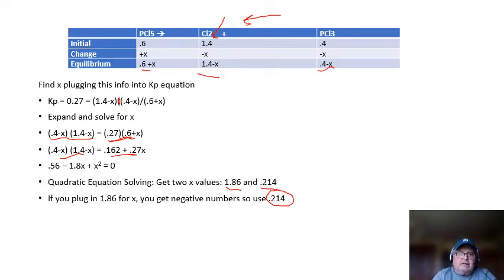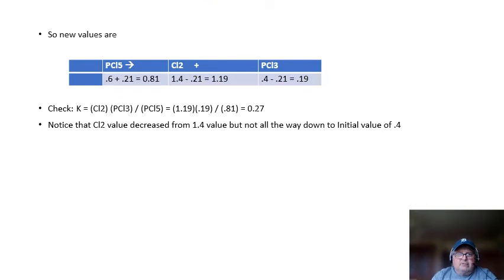So let's see what our final concentrations are. 0.6 plus 0.214 equals 0.81, so that's the final concentration of the PCl5. The Cl2 is 1.4 minus 0.214, which is 1.19, and the PCl3 is 0.19.